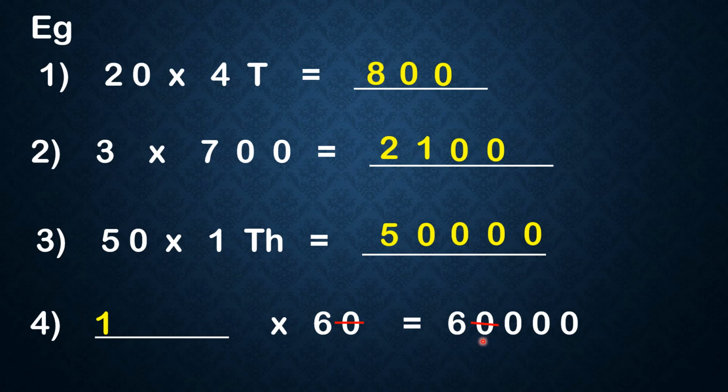So 60 and 60 are out. Now 3 zeros are left, so those 3 zeros we bring over here. So this is how you get the answer 1000. So when I multiply 1000 by 60, my answer is 60,000. I hope children you have understood the simpler method of multiplying horizontally.